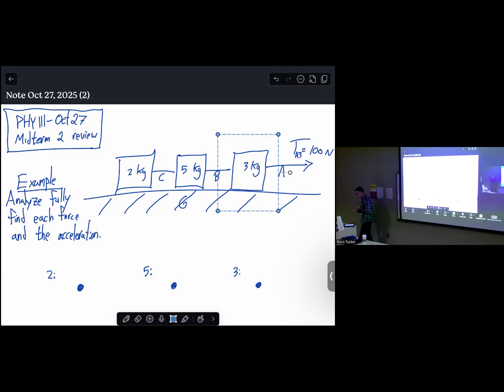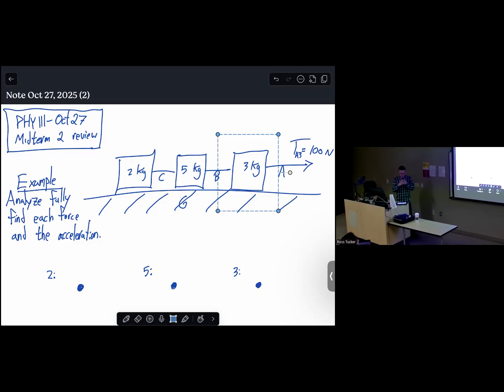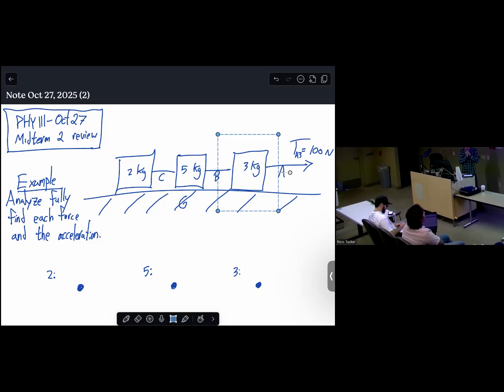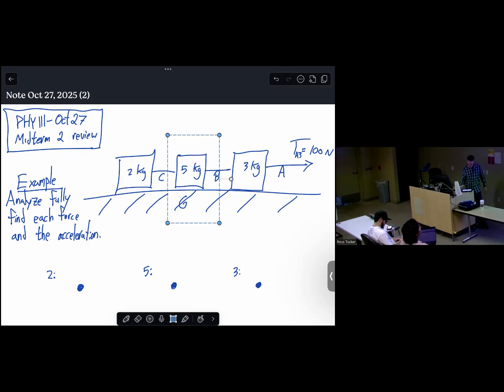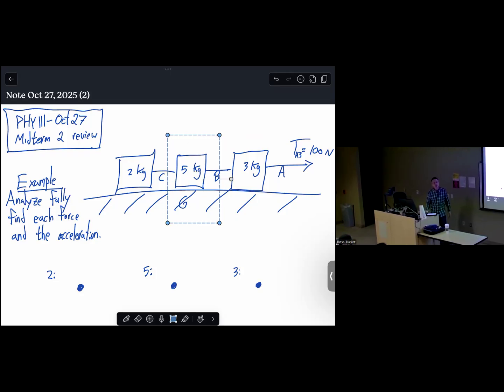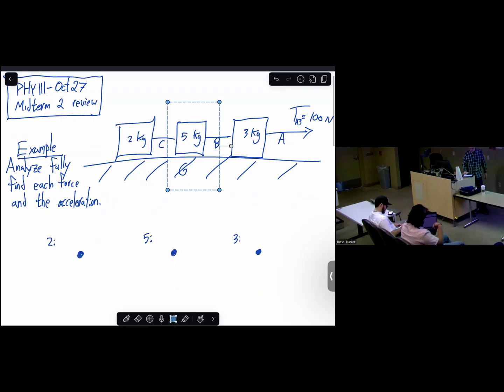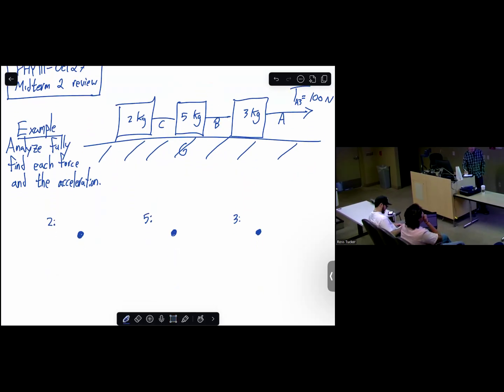Okay. The next thing that I would like to check is the directions for some of these forces. I don't want to do all of them. Let's check the directions for each of the forces on the 5 kilo box real fast. So I just want pluses and minuses.